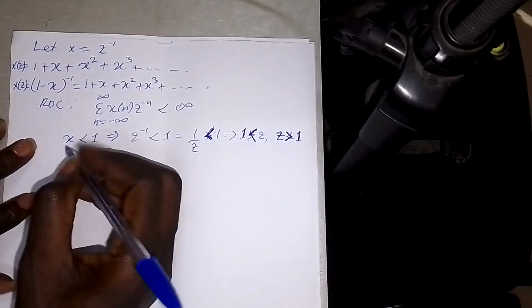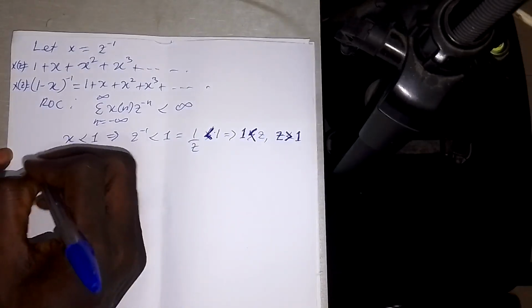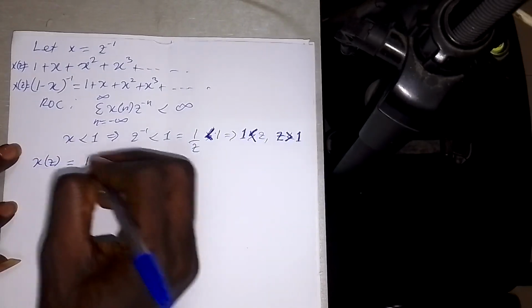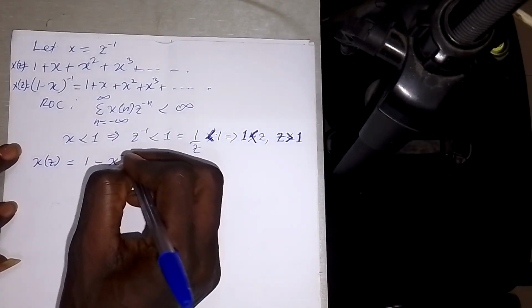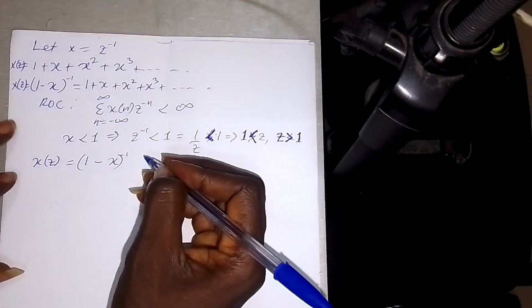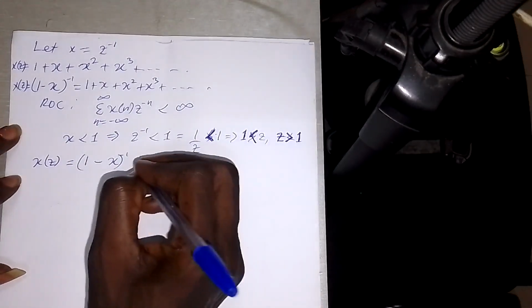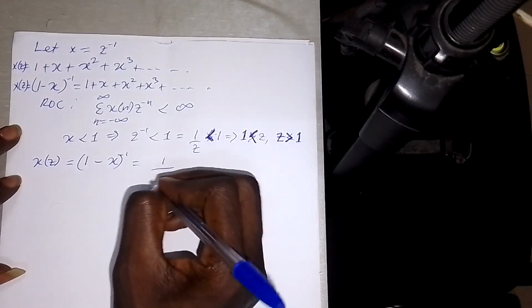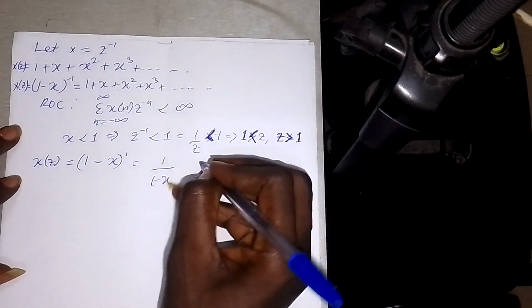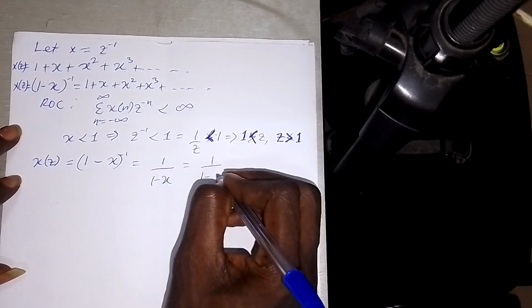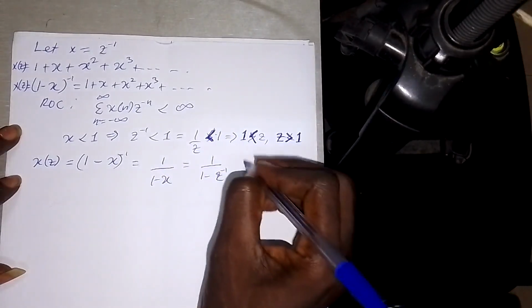So now let's finish with the Z transform. The Z transform is going to be equal to 1 minus x minus what? 1, where we reached. So now if we have this one, then it's equal to 1 over 1 minus x, which is equal to 1 over 1 minus Z inverse.